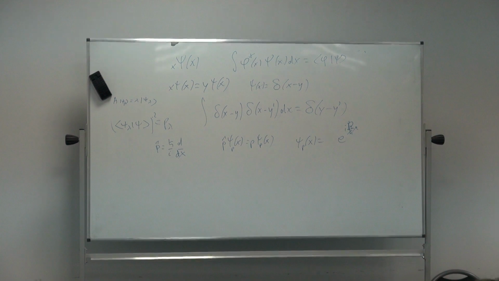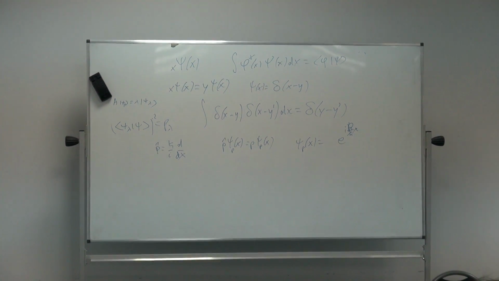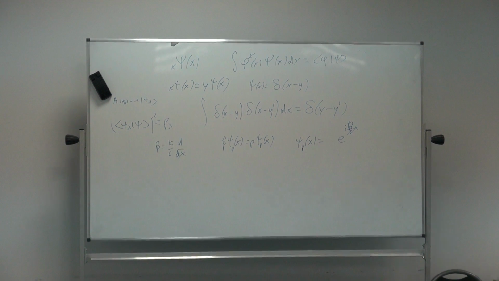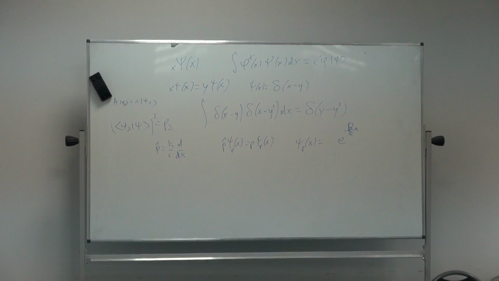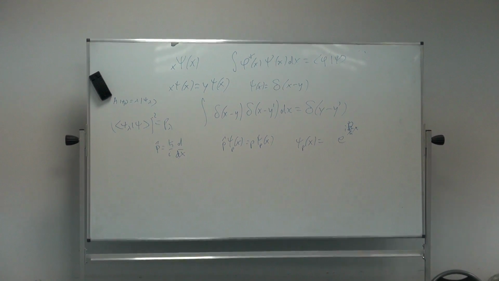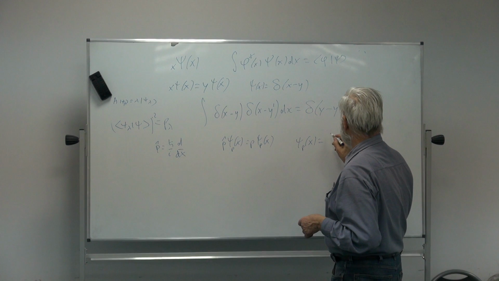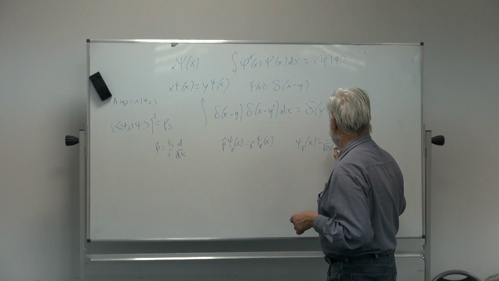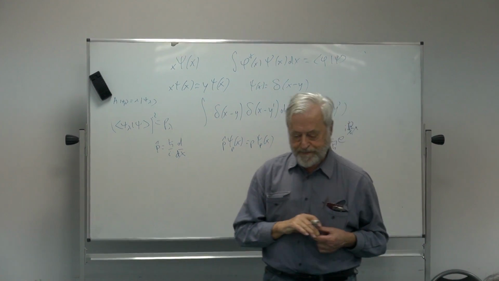I left some room for the constant. Where is the constant coming from? Well, it is coming from the theorem about inverse Fourier transform, which I will invoke in a second. And it is best to take here the square root of 2 pi times h bar.